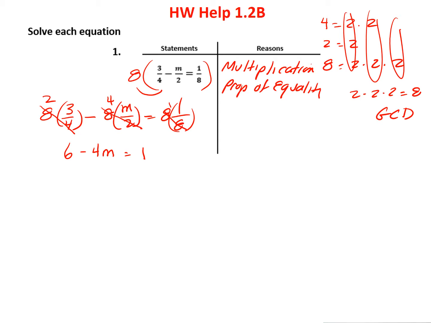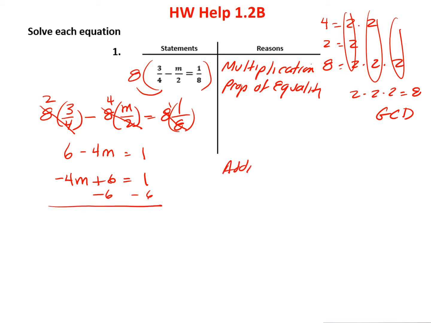Okay, so let's do it. This one sometimes gives students trouble because the m is switched. I could rewrite this as minus 4m plus 6 if that helps you. You don't have to do it, but notice that what's really happening is m is being multiplied by negative 4 and then adding 6. So the thing we want to do first is get rid of the plus 6 by subtracting 6.